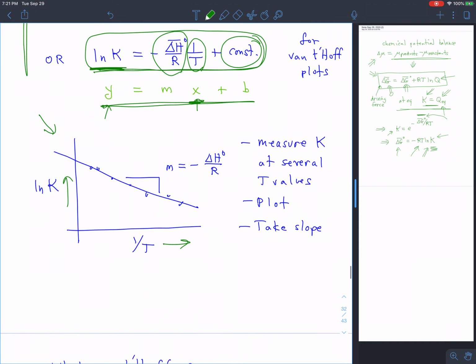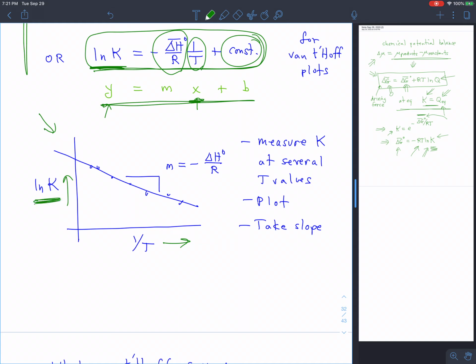That means that if I make a bunch of measurements of equilibrium constants at different temperatures, and I then plot the logarithm of those measured equilibrium constants versus 1 over the temperature, and then I take the slope of my plot, first of all, I should get a straight line, and that's kind of a test for whether this whole theory is good or not.